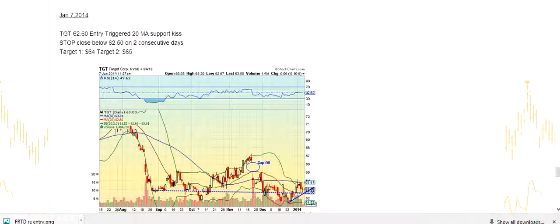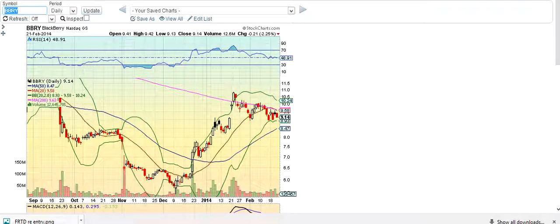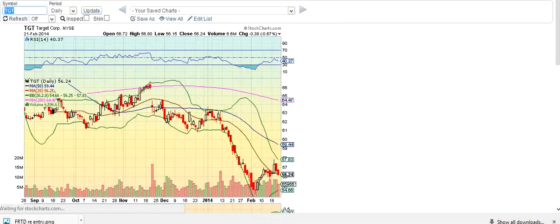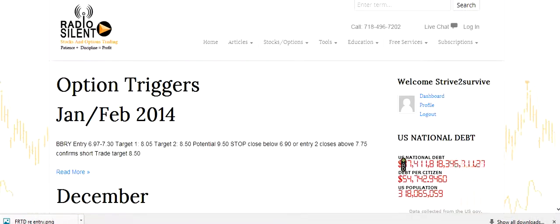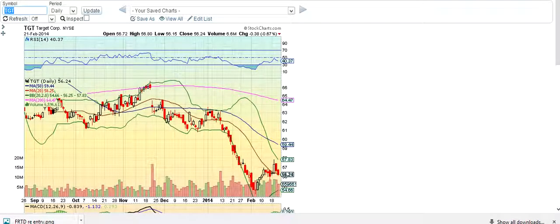So that stock didn't do well for us. January 7th we entered the trade. Our stop close was below 62.50, and right here we broke that close, and we would have stopped out with a small loss.